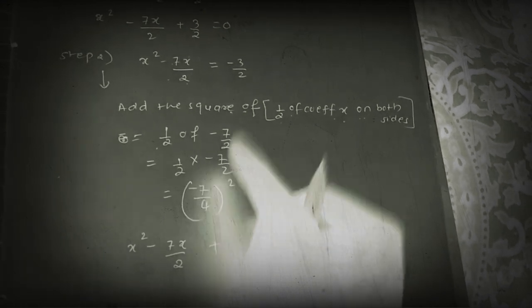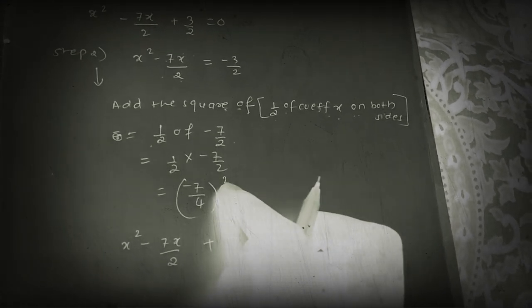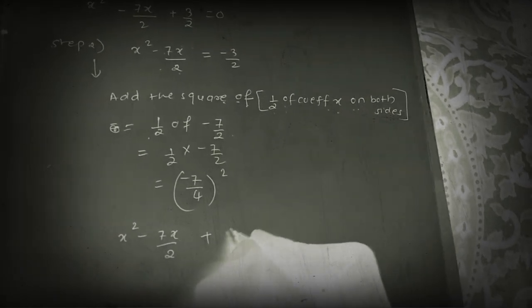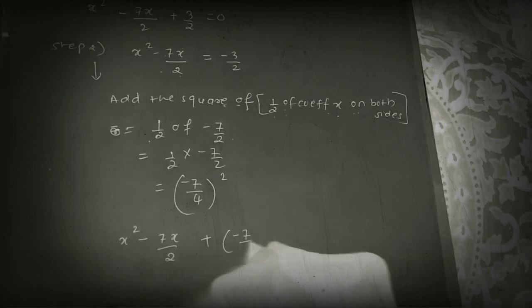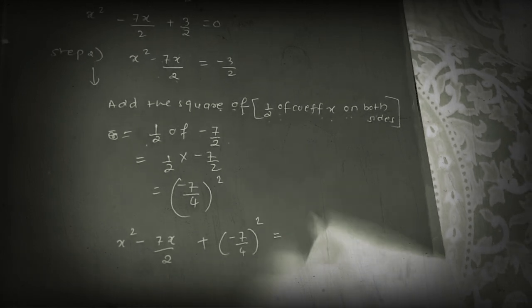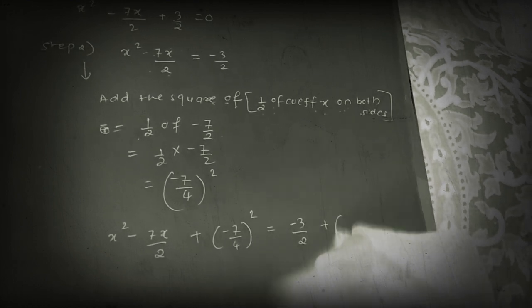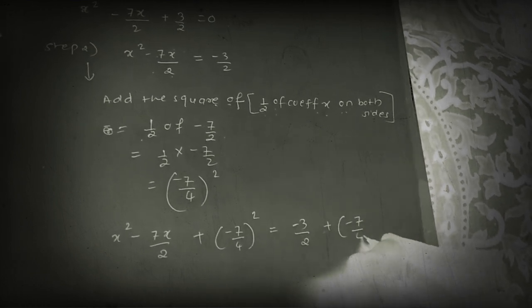Equals minus 3 by 2 plus, because we are going to add this, the square of minus 7 by 4.